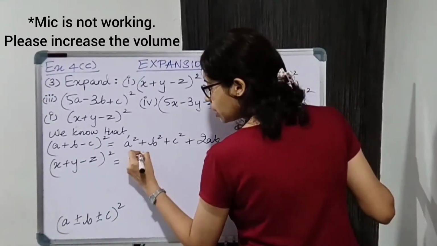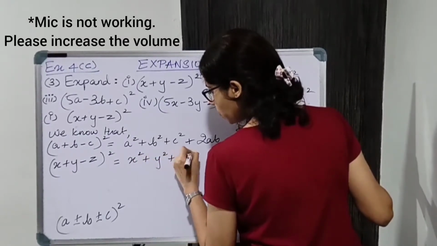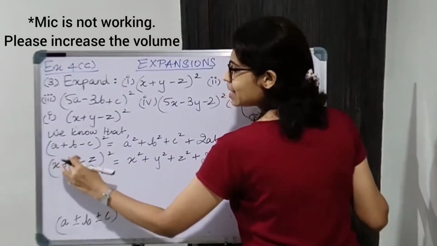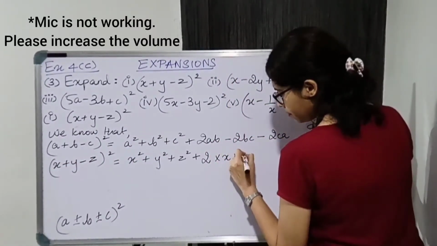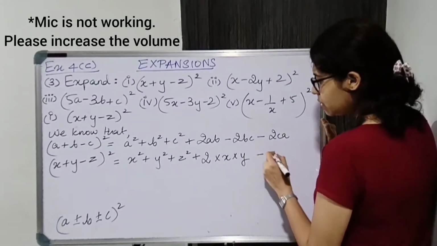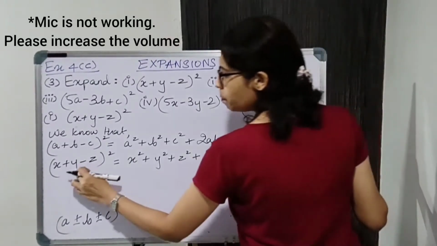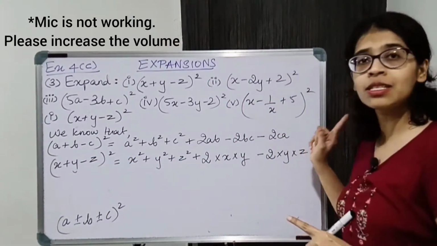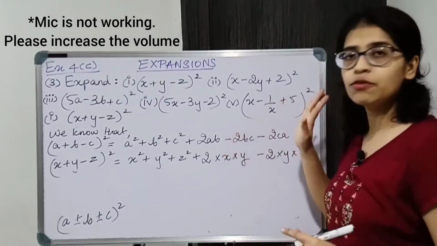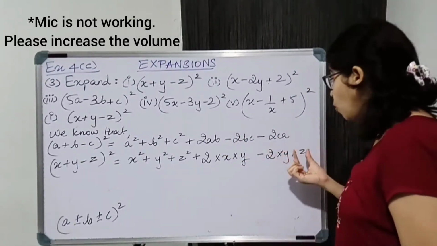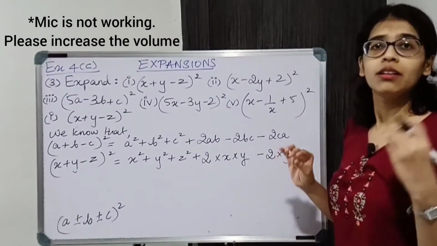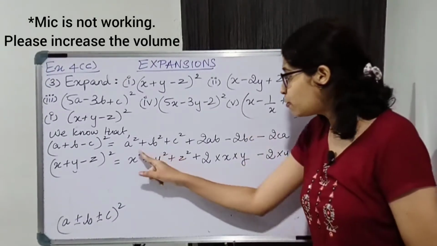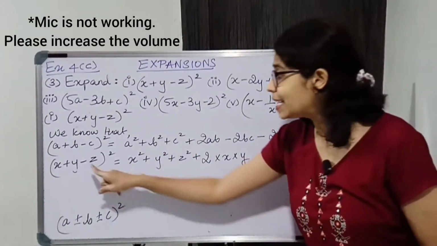Okay? X square plus y square plus z square plus 2ab, 2 into x into y. Minus 2 into b into c, that is y into z. Now students, don't substitute minus z over here. We have already put minus sign for the negative terms. So you don't need to put minus sign over here, it will go wrong. हम लोग ने already minus sign यहाँ पे formula में substitute किया है because z is negative.